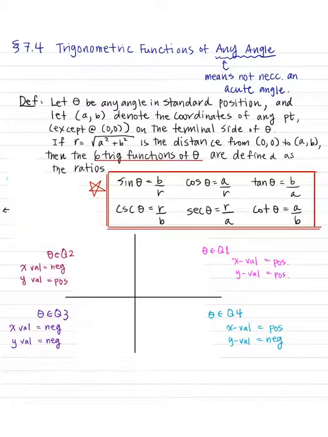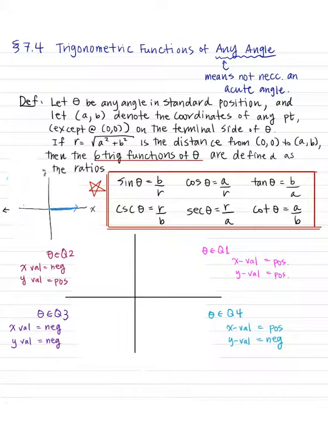So let me just draw you a picture and see what they're talking about. Let's call this the x-axis and that the y-axis. Now, let me change the color to do the initial side. Suppose this is our initial side.